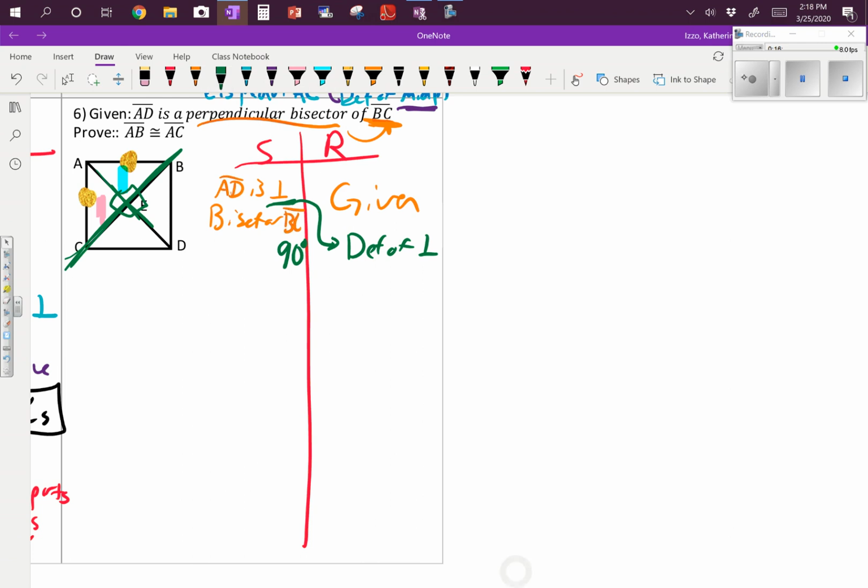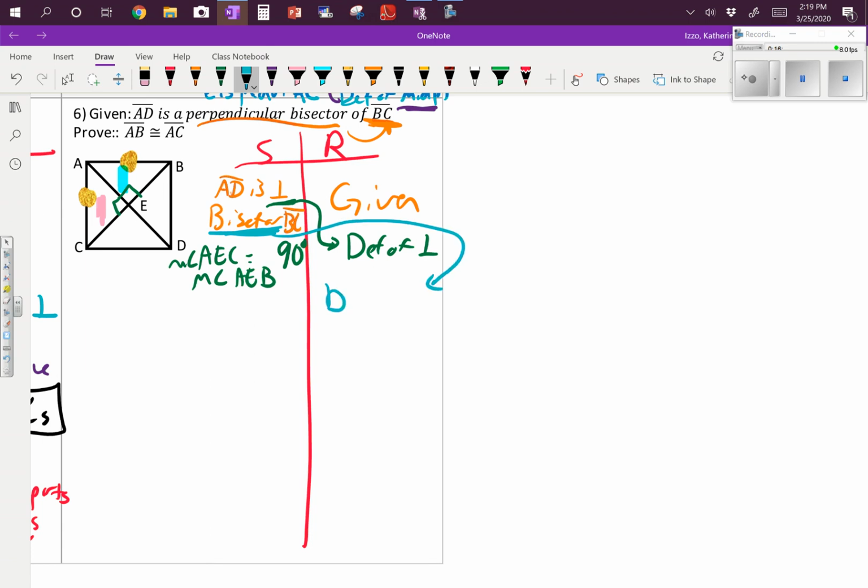So I'm going to say measure angle AEC and measure angle AEB. And we're going to just look at those two angles right in there. That's definition of perpendicular. You need to do a separate thing for bisector. So we've got definition of perpendicular.